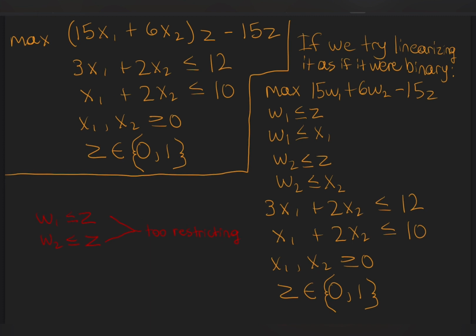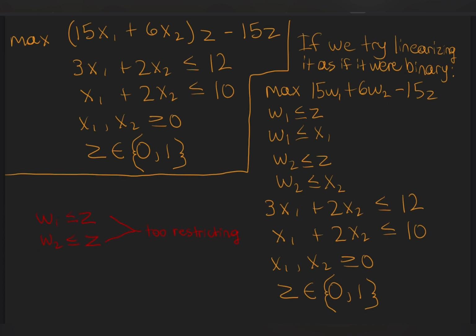Okay, so first replace x1 times z and x2 times z with w1 and w2 respectively. And we can't just set w1 equal to x1 times z, because then the program would still be nonlinear, and of course, we're trying to linearize it. So instead, we have to use inequality signs to practically ensure that w1 is equal to x1 times z and w2 is equal to x2 times z.